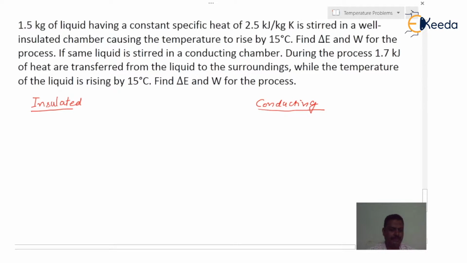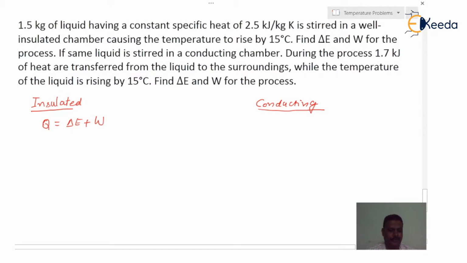For that, as usual, we have Q equal to delta E plus W. Here, whatever work is transferred to the system will be converted into heat, and that heat will not be transferred from the system to the surroundings, as the system is completely insulated.